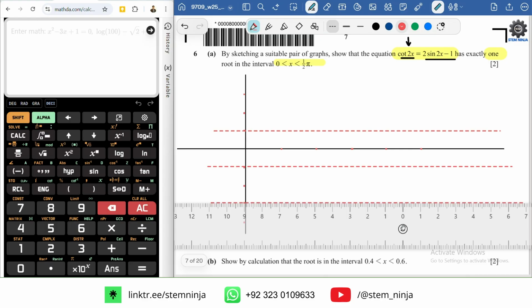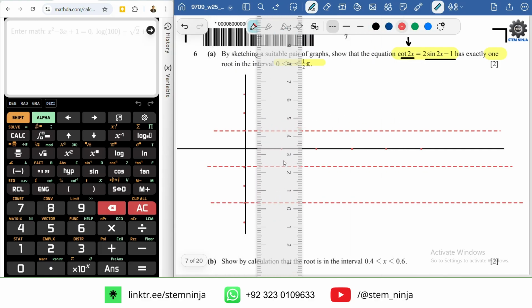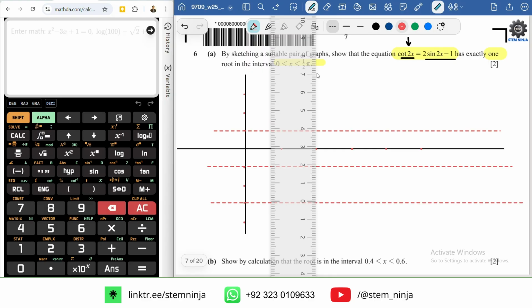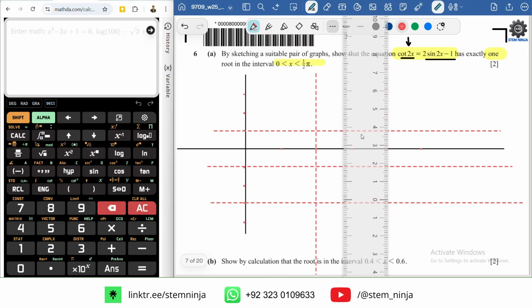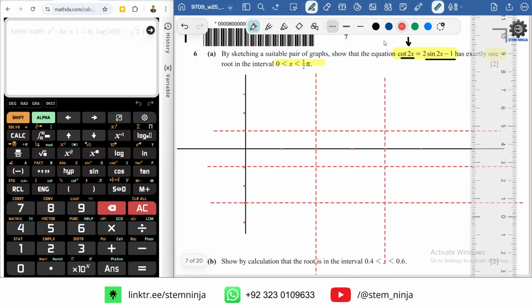And we also need some vertical ones. We need it at pi by 4 and at pi by 2. Just to make sure the graphs are labeled, the units are labeled: this is your 1, 2, 3, minus 1, minus 2, minus 3. This is pi by 4, and this is your pi by 2.